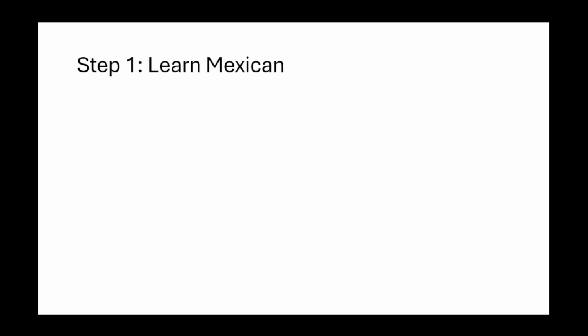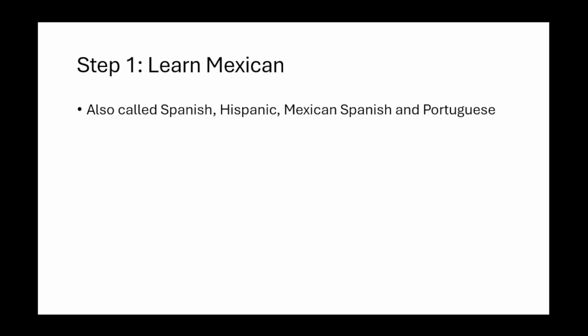So, how do you learn how to speak to a Mexican? Well, you've got to learn how to speak Mexican first. Now, Mexican is also called Spanish, Hispanic, Mexican Spanish, and Portuguese. From the remainder of the video we will be calling it Spanish.